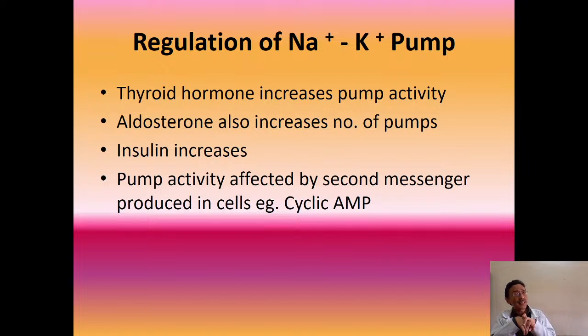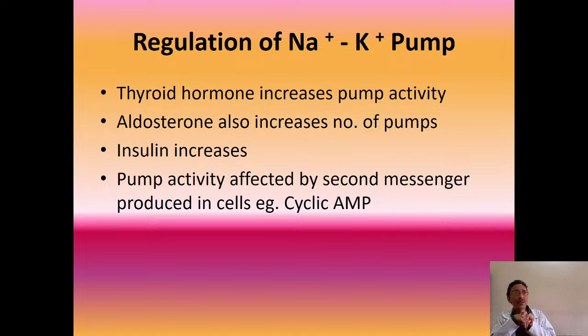Third, there are certain drugs which are used to reduce the activity of the sodium potassium pump. For example, digitalis. Digitalis is one drug which directly inhibits the sodium potassium pump. Ouabain is another drug which blocks the sodium potassium pump.